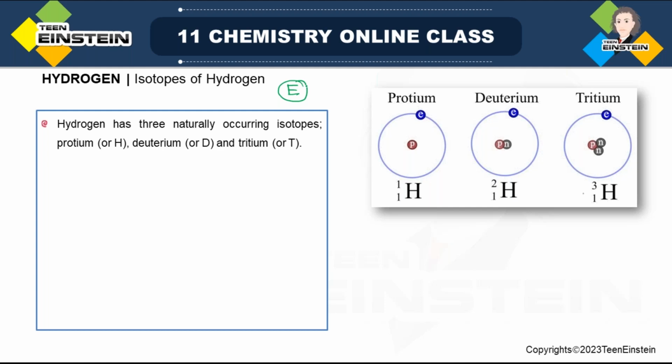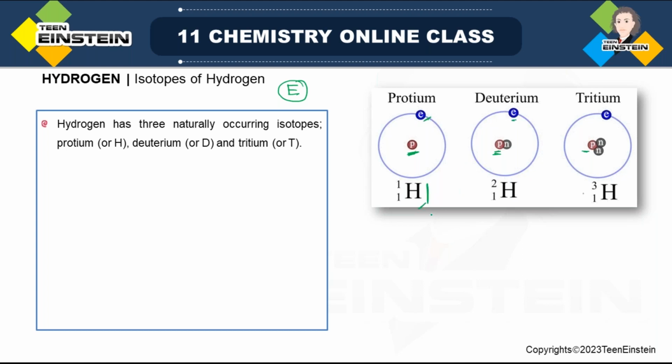In the case of hydrogen, three different isotopes are observed. One isotope, the most common, is the one where the number of protons in the nucleus is always 1, so the atomic number is 1. In the second and third isotopes, see what the difference is: the proton number is fixed, but the number of neutrons increases.